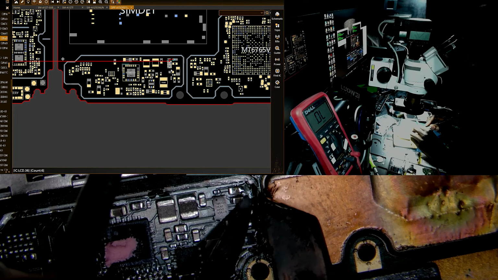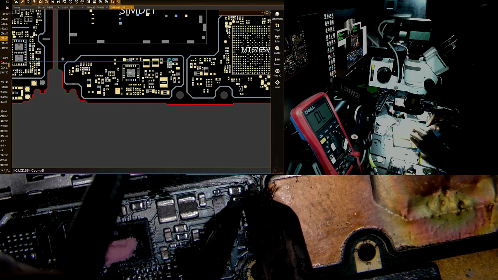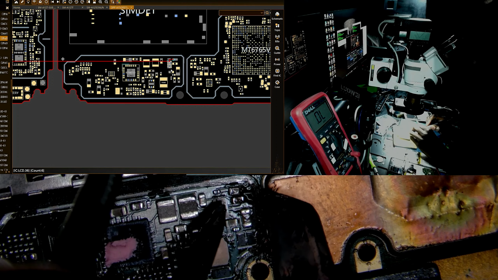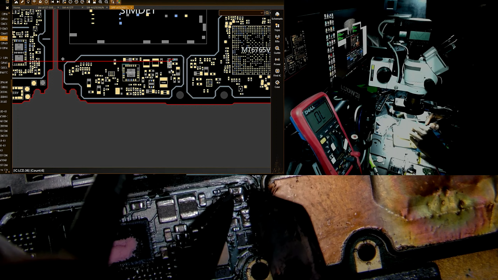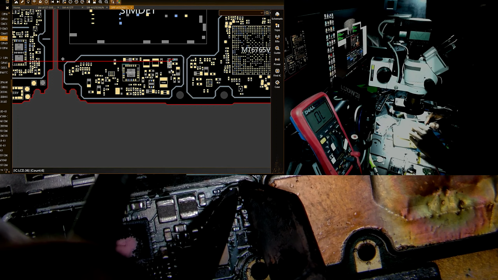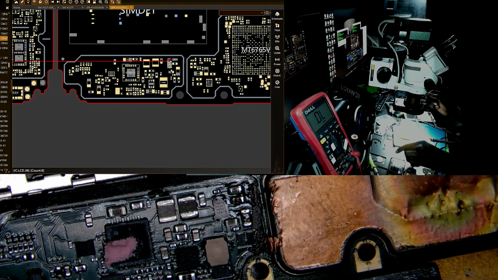There is no way you can leave it blank, because the one who put it there had a reason to put it there. So I had to replace the capacitor. And when I replaced the capacitor, everything worked. The phone worked.